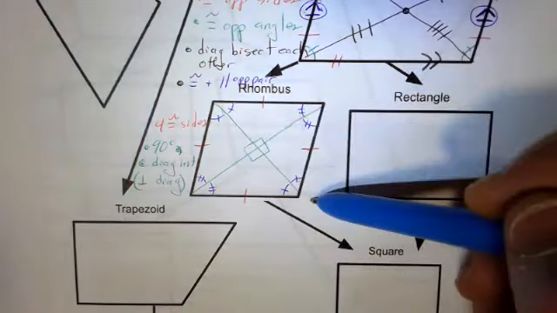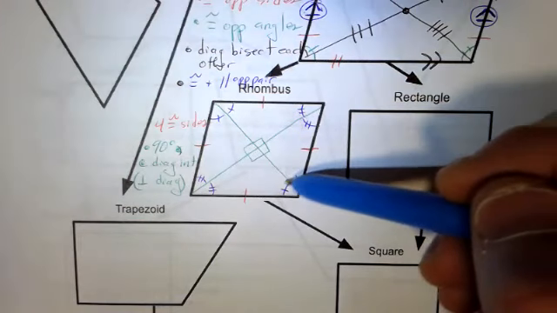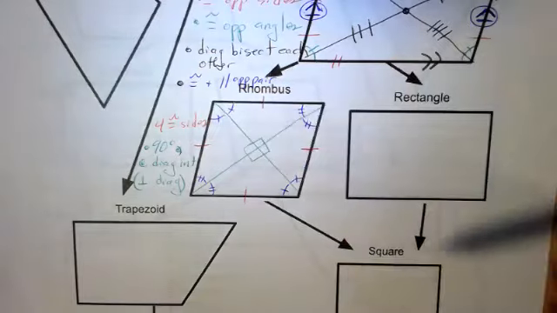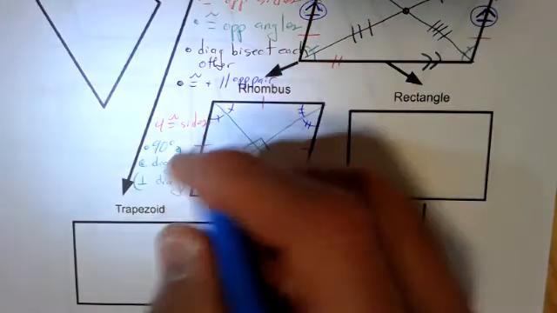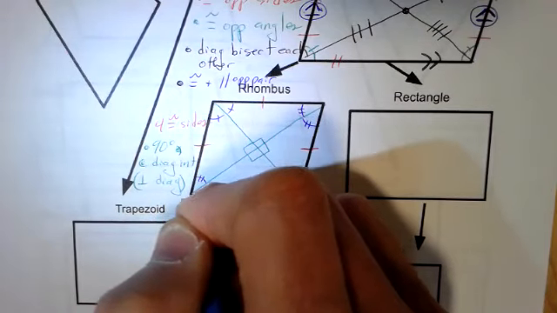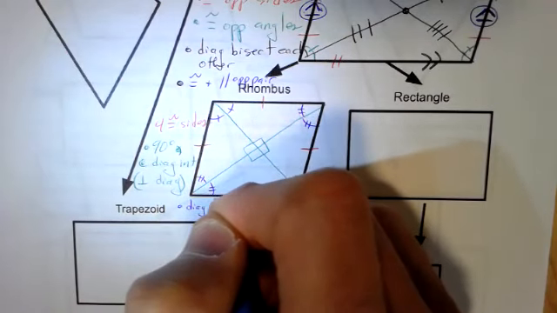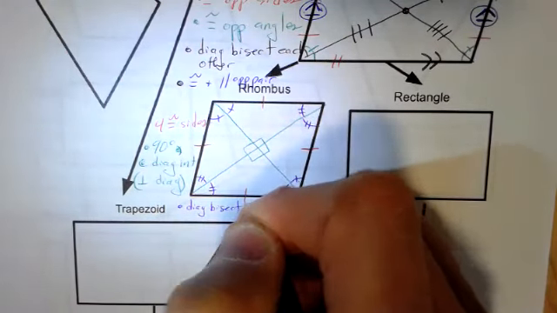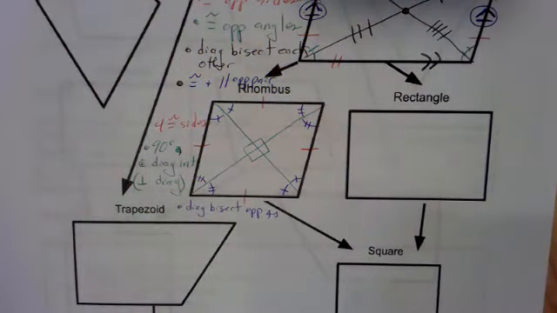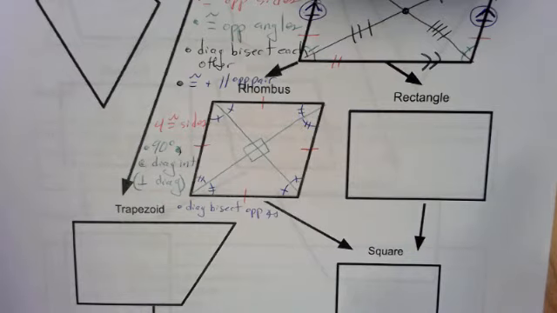So the diagonals are going to bisect or split in half this whole angle here and this whole angle here as well. Okay. So let's put that down here as neatly as we can. Diagonals bisect opposite angles in blue. Okay.